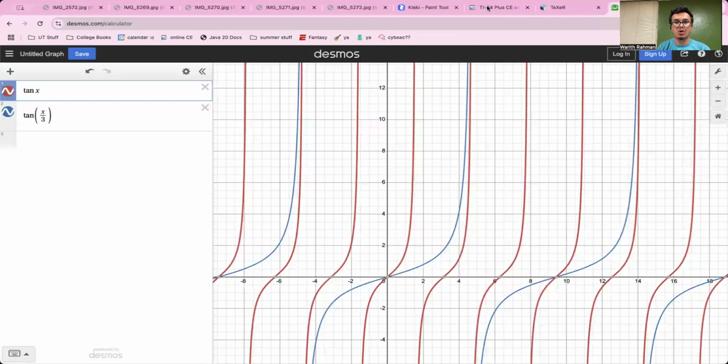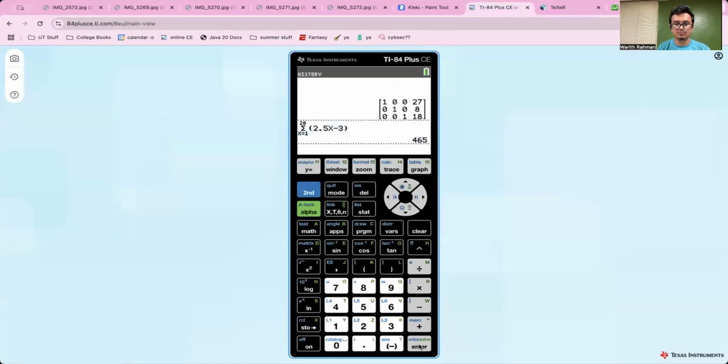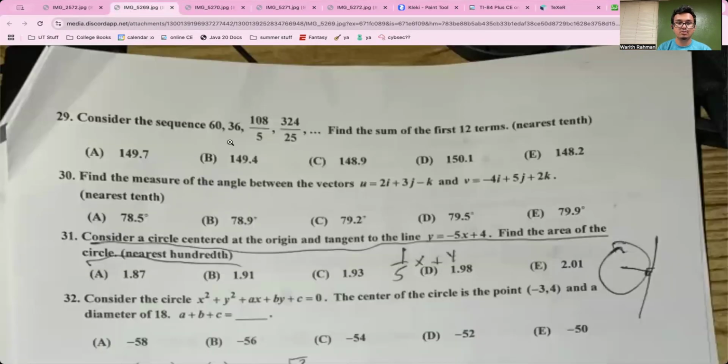So for the first 12 terms, we can use this summation again: in general, 60 times 3/5 to the power of x minus 1, because our first term is to the 0th power. We add these, and 149.7 becomes our answer, 29A.